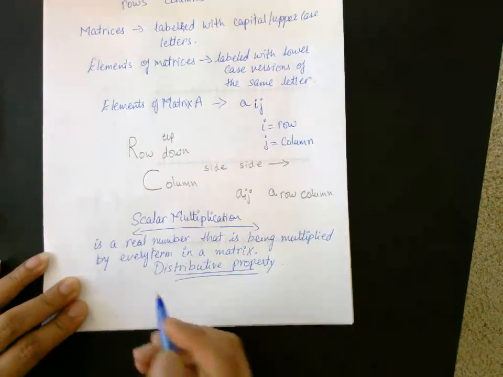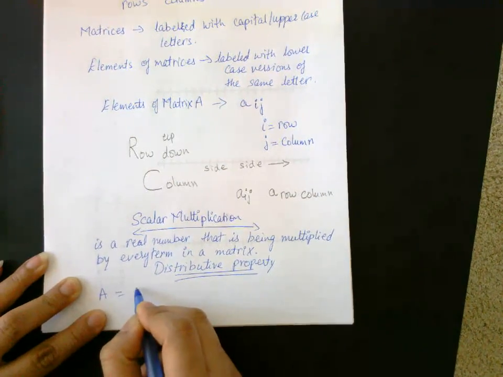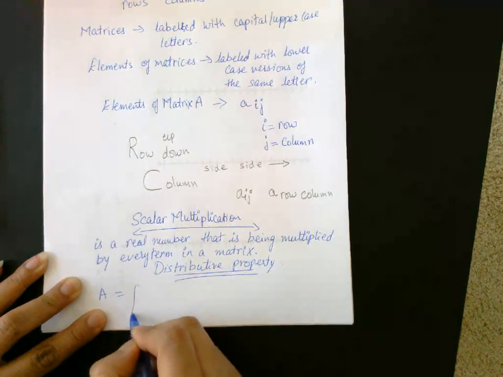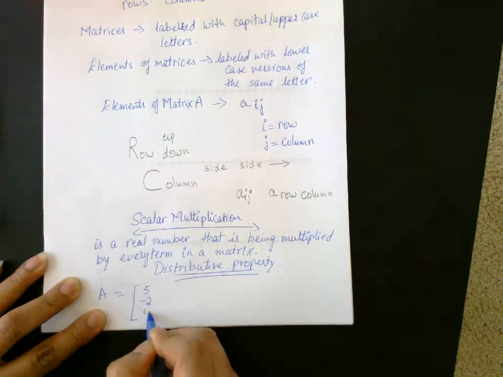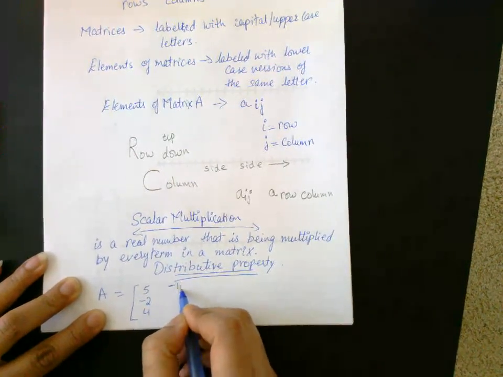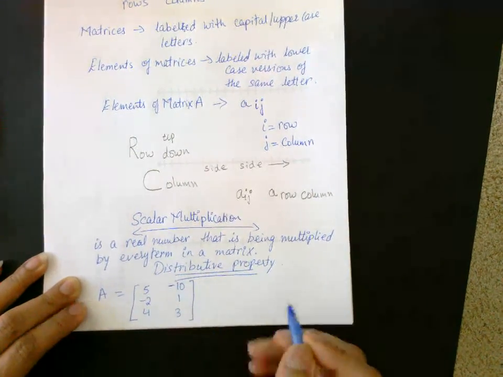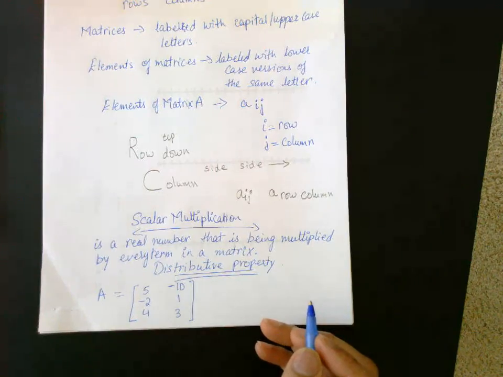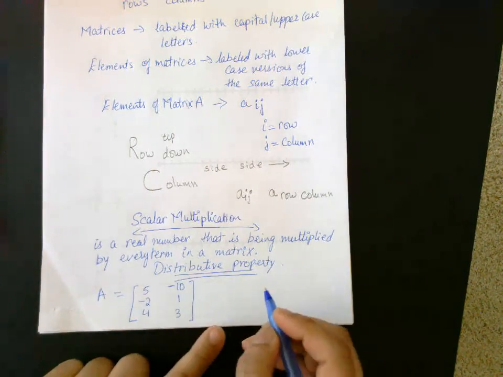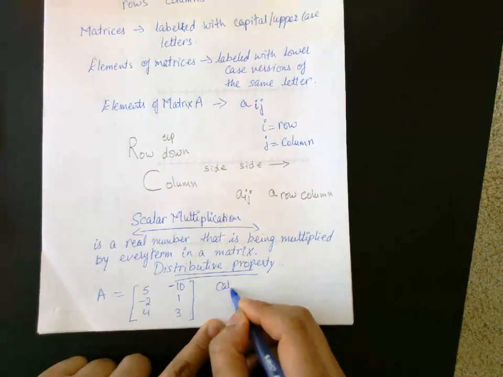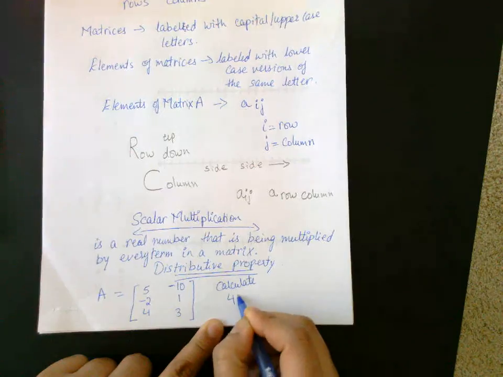How? Let's say A is this matrix: 5, -2, 4, -10, 1, 3, right? And they asked you to perform scalar multiplication to calculate, say, 4A.